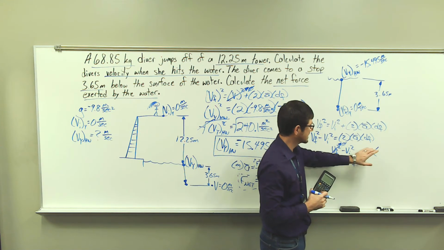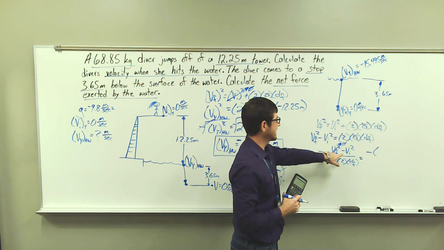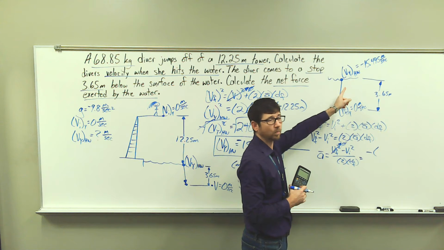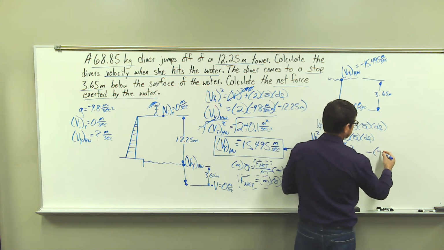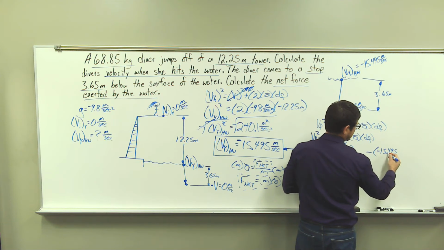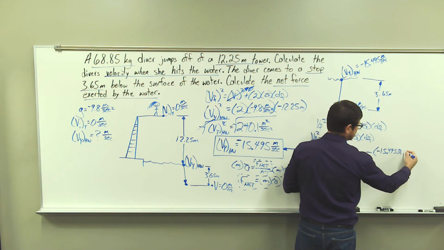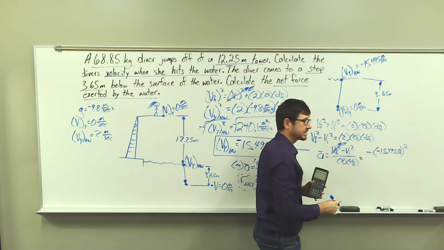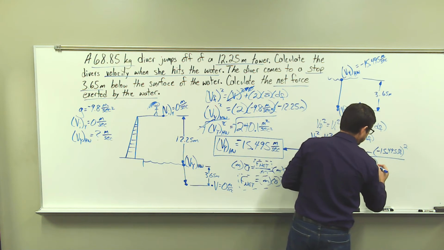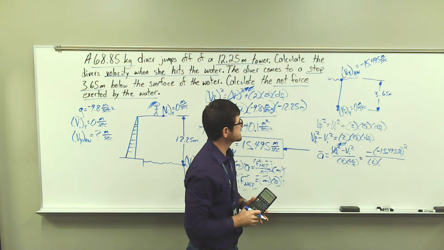So minus, open parentheses, my initial velocity is the velocity that the diver hit the water. So negative 15.495 meters per second. And we have to square that, divided by 2 times the object's displacement.